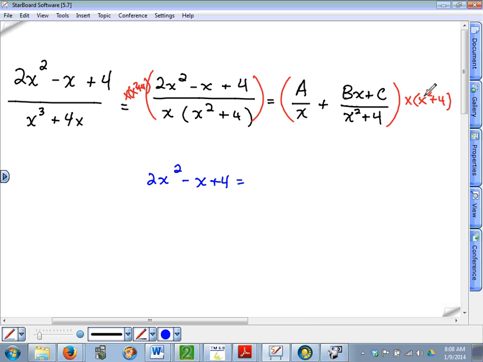On the right side, when the LCD multiplies the first term, the x's cancel, so A multiplies with x squared plus 4. And then when the LCD multiplies that term, the x squared plus 4 cancels. So the Bx plus C multiplies with what? x.